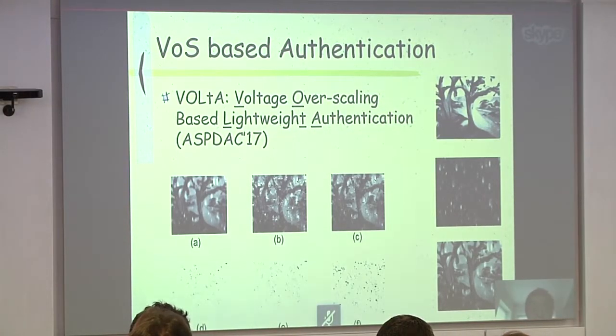Visually you can see both B and C are different from A. D shows the pixel difference between every position of A and B, and this one shows the pixel difference between A and C. Our goal is to use this difference, this image map, to authenticate different devices.